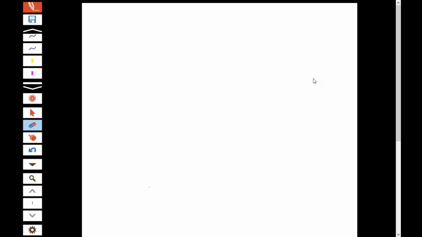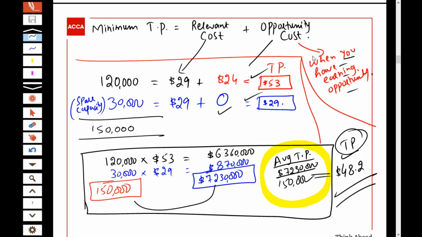It's an average transfer price which we had calculated. Now, this is the transfer price by considering all the facts and figures. How do you calculate the transfer price?